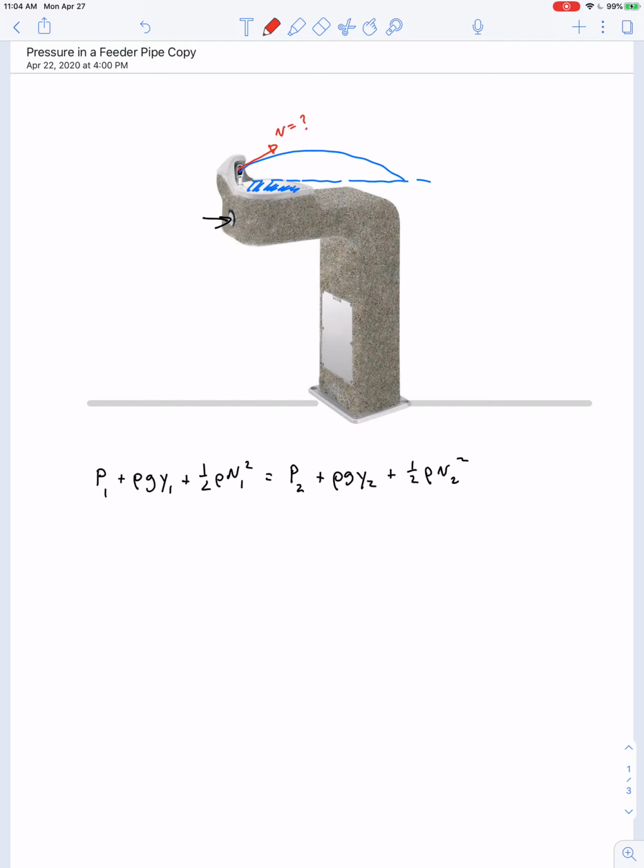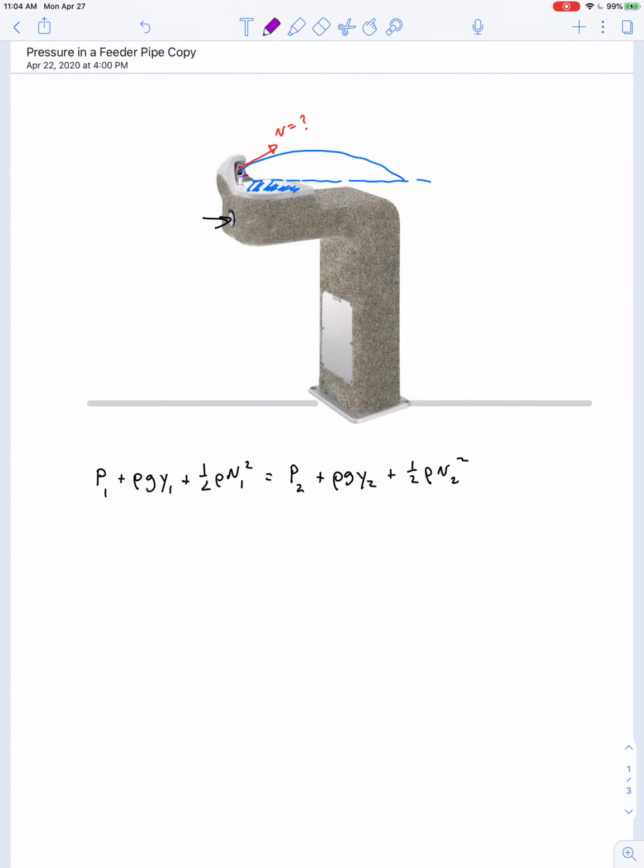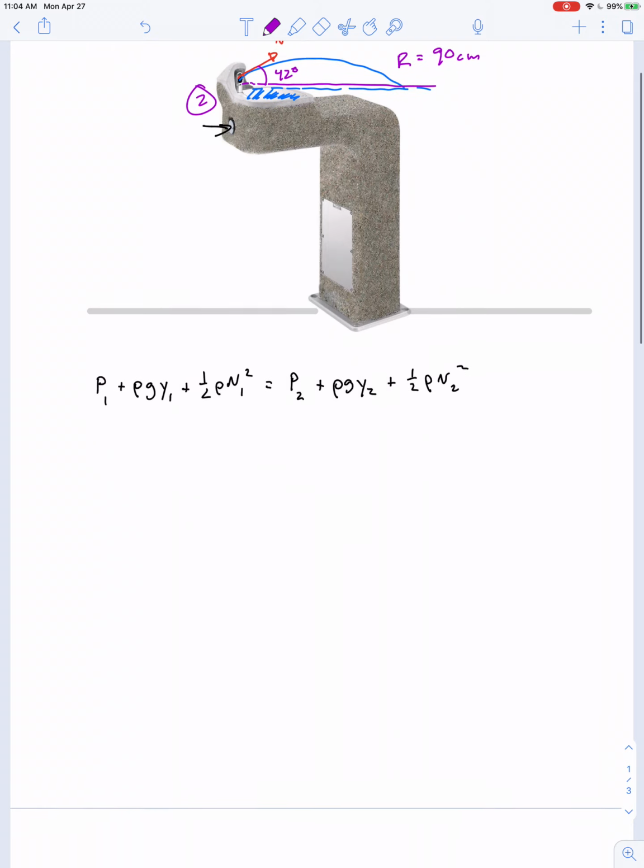So let's say the water, when it returns to the same height that it exited from, travels a range of, how about 90 centimeters? And we'll say it comes out of here angled at 42 degrees. So actually the first part of this example problem, if we call this point number 2, let's draw this again down below.